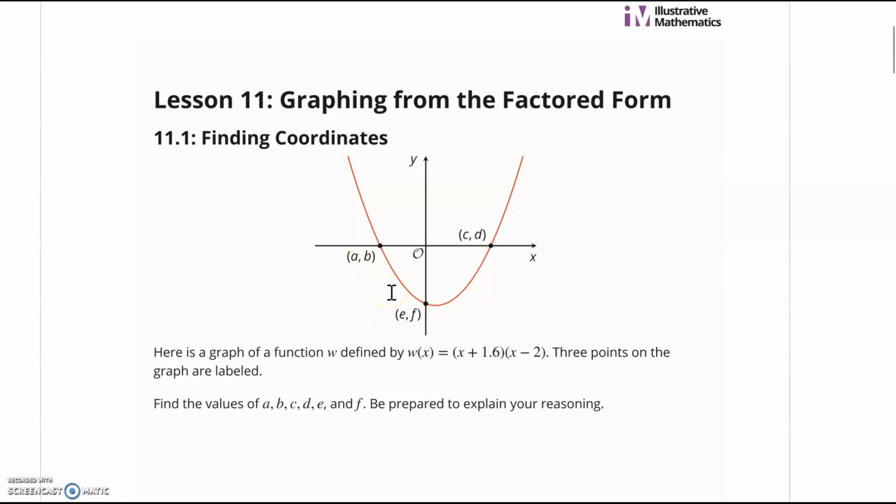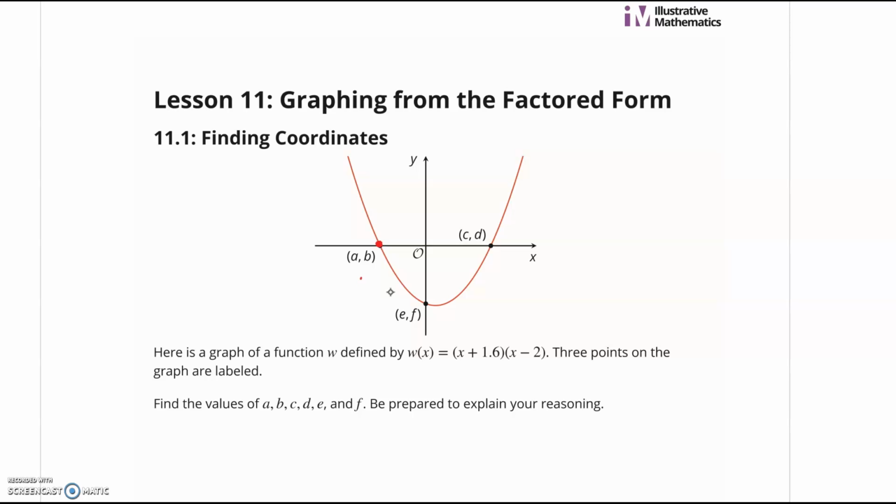So a, b, if we start with that one, I remember from last class that since this point AB is an x-intercept, that means that the y value must be 0.